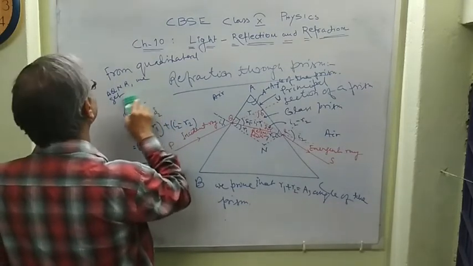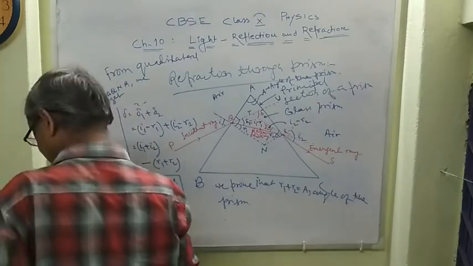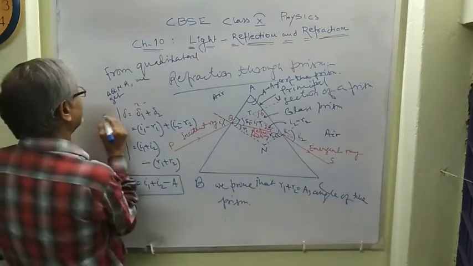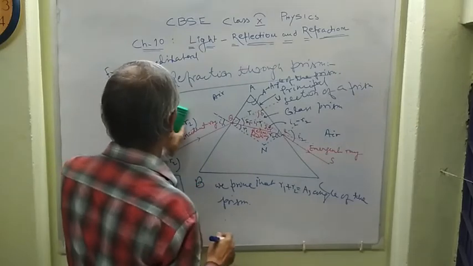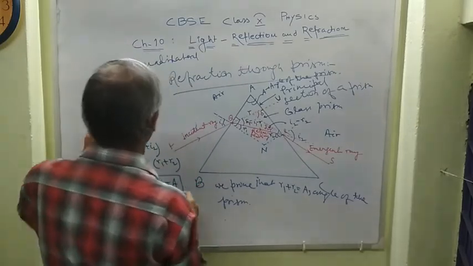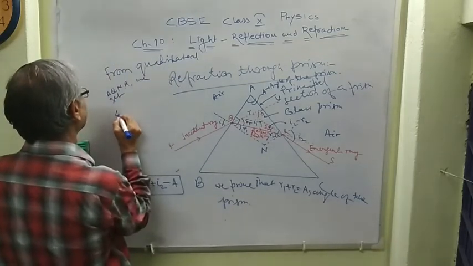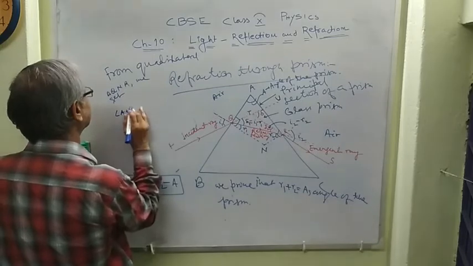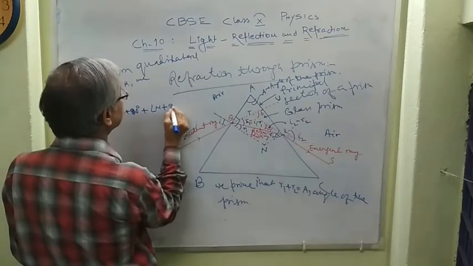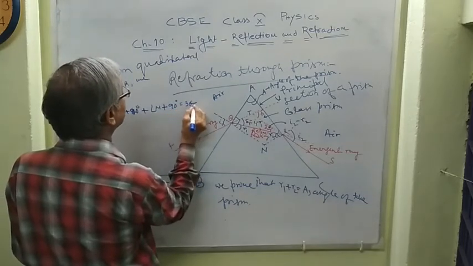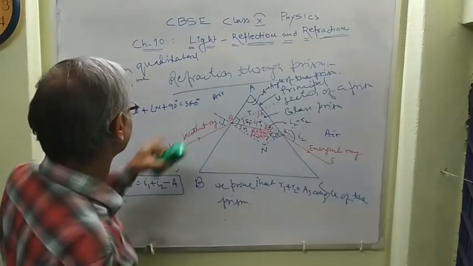We get angle A plus 90 degrees plus angle N plus 90 degrees obviously equals 360 degrees, because the sum of the four angles of a quadrilateral will be 360 degrees.